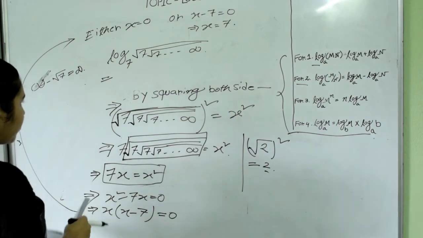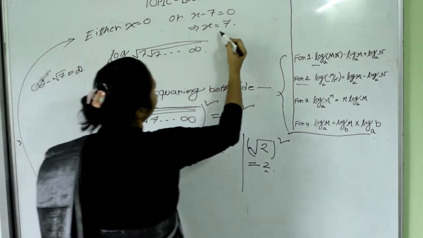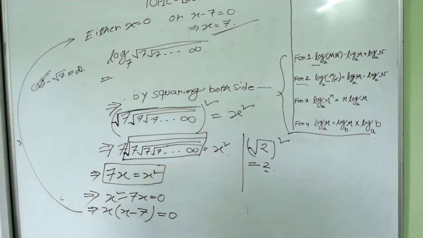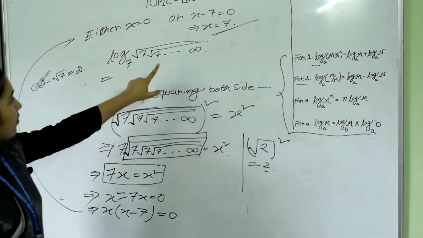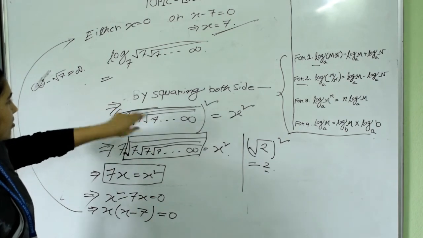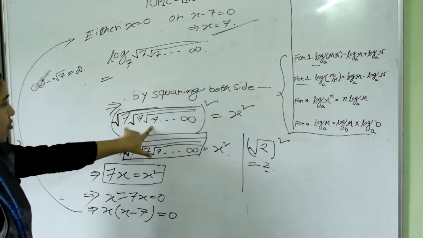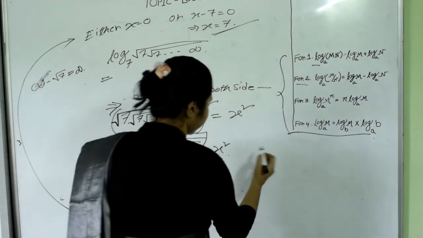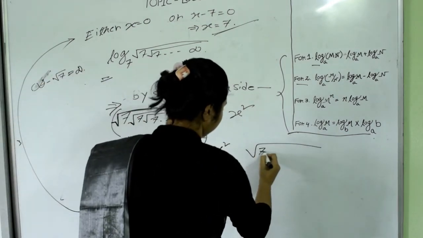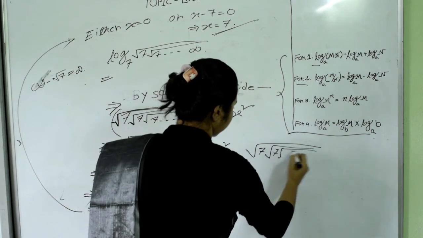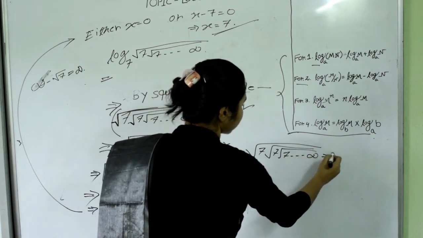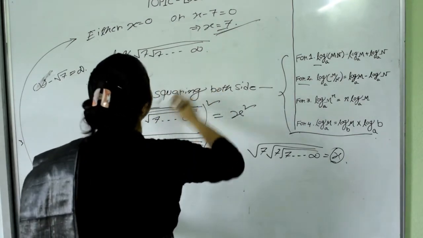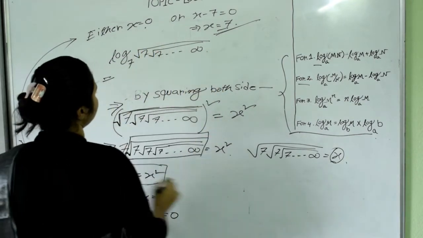Up to here, the value of x is 7. That means the value of root over up to infinity is equal to x, right? So the value of x is either 0 or 7.